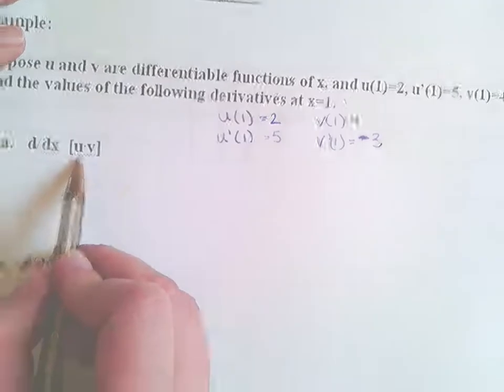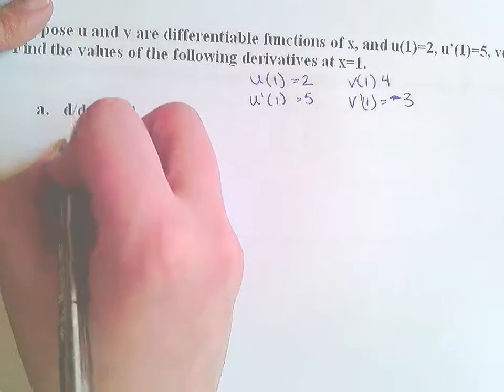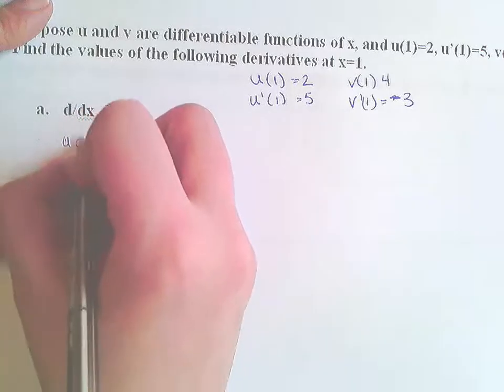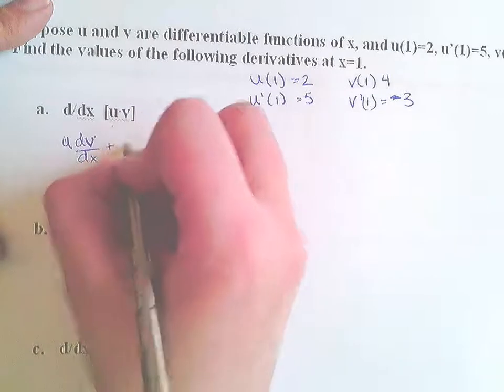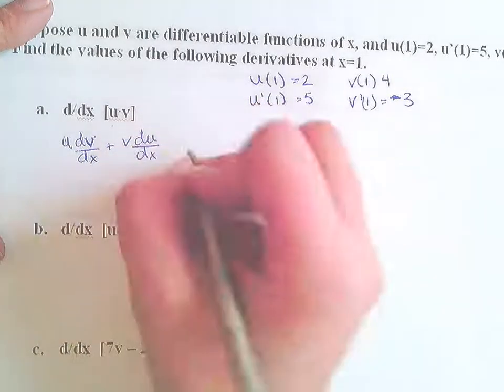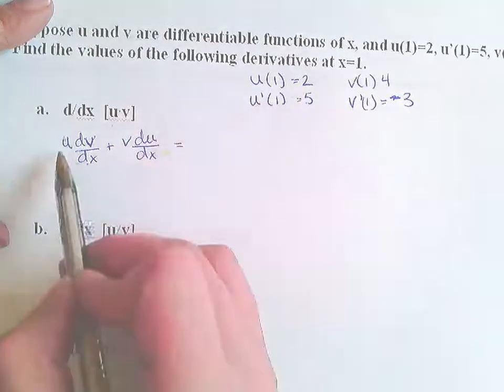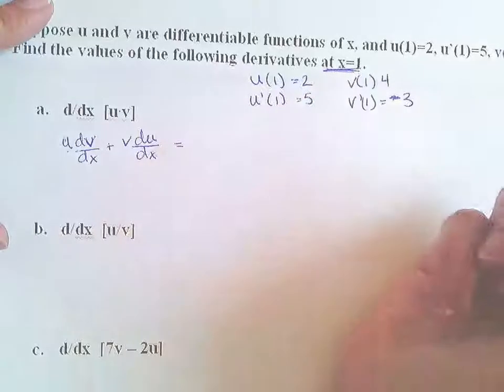So this right here is the product rule. And if you remember, the product rule says take the first guy, u, times dv dx, plus the second guy, v, times du dx. Remember, we're doing all of this at 1.